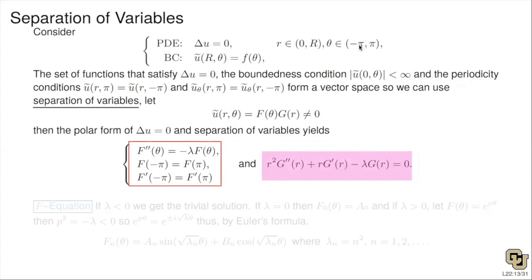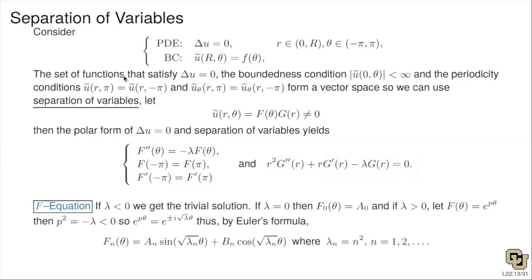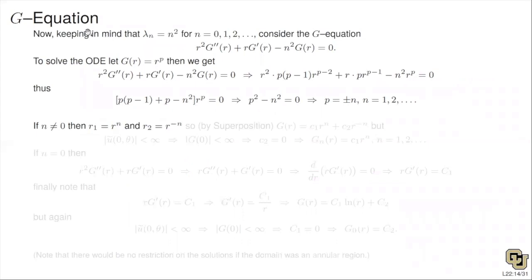And so now, as I said, for the f equation, we know the solution. And remember, for the heat equation on a ring, we get the full Fourier series. So here we have the full Fourier series where even lambda equal to 0 is an eigenvalue. For the g equation, we make the assumption that g equals r raised to the p, to be determined.